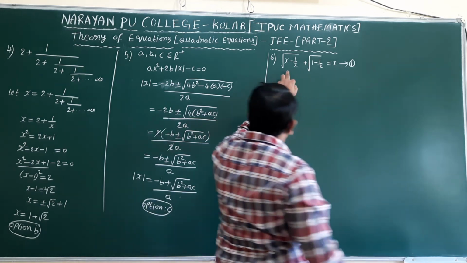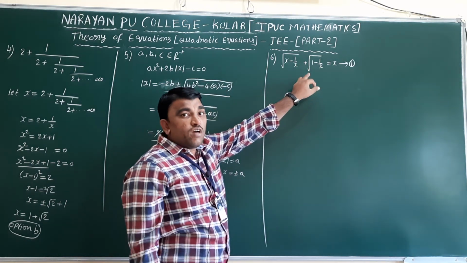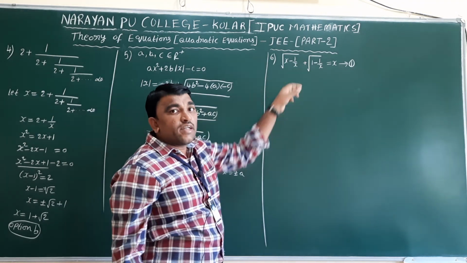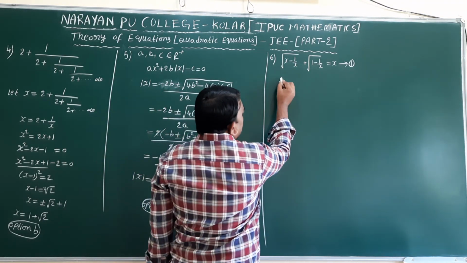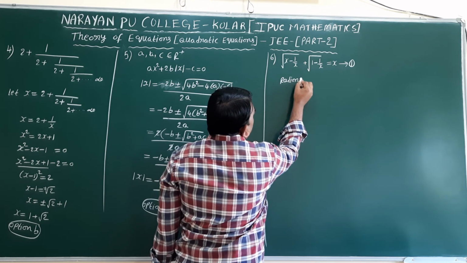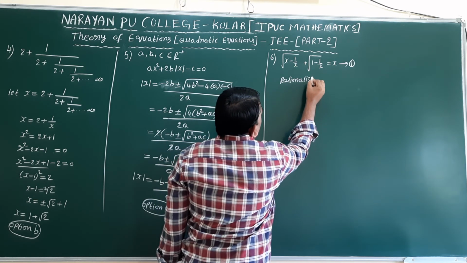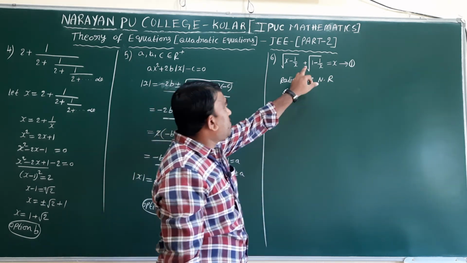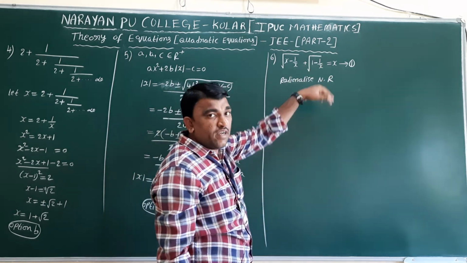It is in the form root a plus root b. To convert to real numbers, you should rationalize the numerator. Rationalization means if there is a plus, divide and multiply by the minus.